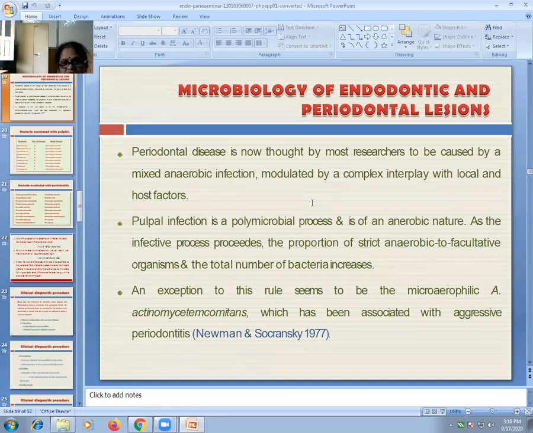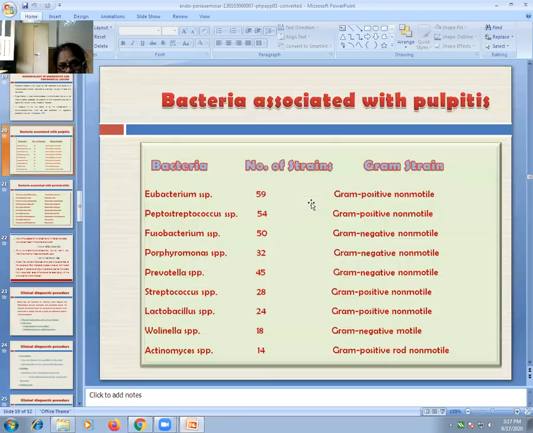Pulpal infections are mostly polymicrobial, and most of them are strict anaerobes to facultative organisms, and the organisms increase as the infective process proceeds. In periodontics, you will find Actinomyces, which is present in aggressive periodontitis.